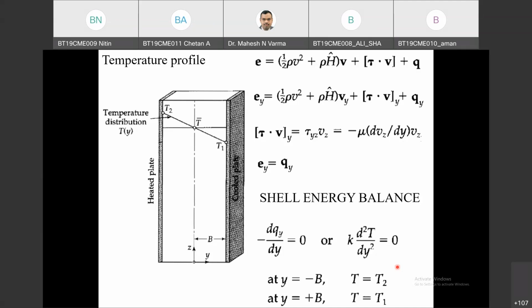Then why is the viscous heating neglected, Chetan? Sir, viscous heating can be neglected because velocities are negligible, sir. Very good, very good.